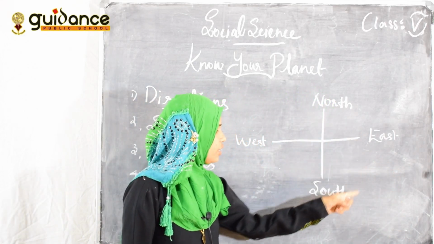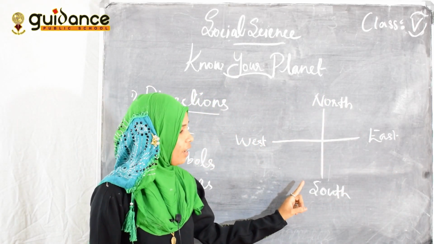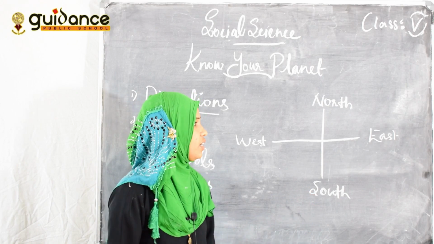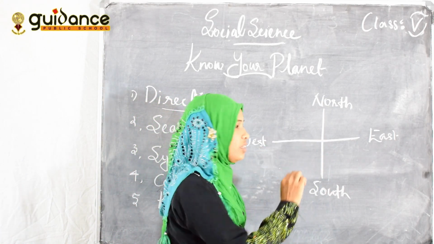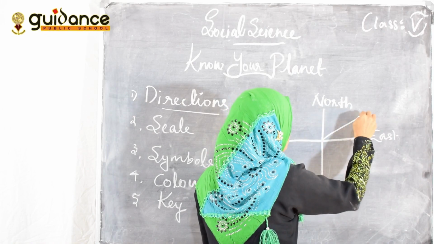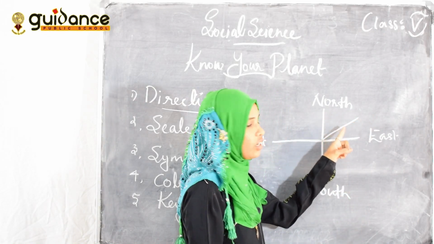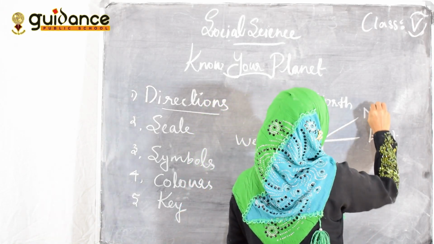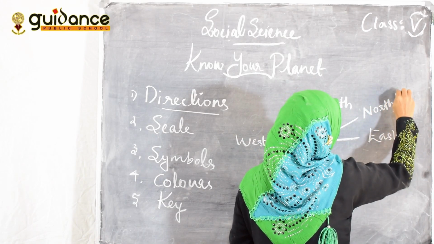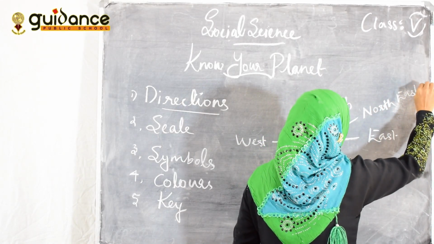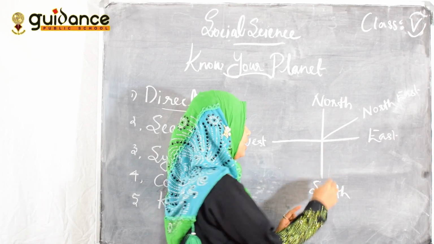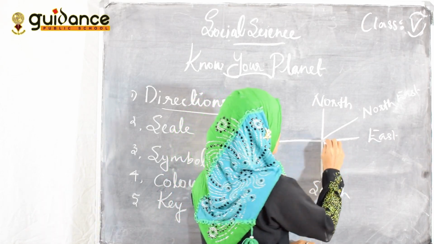Apart from the four major directions, we have intermediate directions. Northeast is the direction between north and east. Southeast is the direction between south and east.